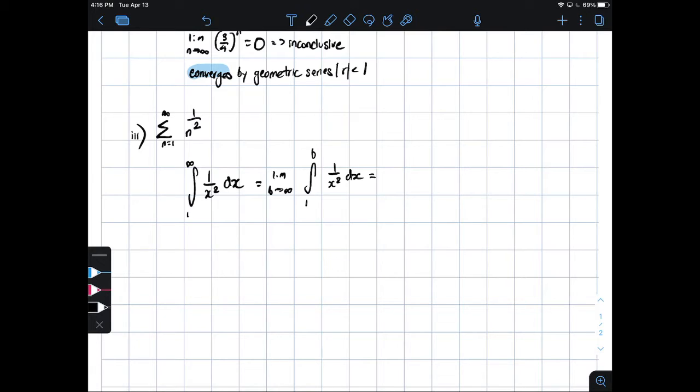Now we're going to solve the integral, and it's going to be negative x, and then we have this line from 1 to b. So that would be negative b plus 1.